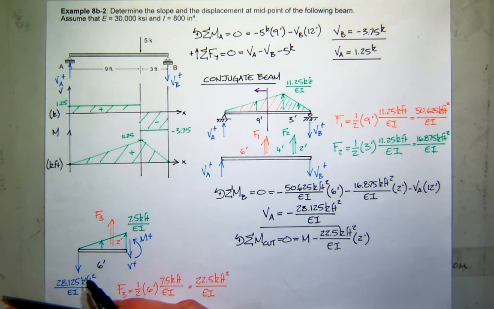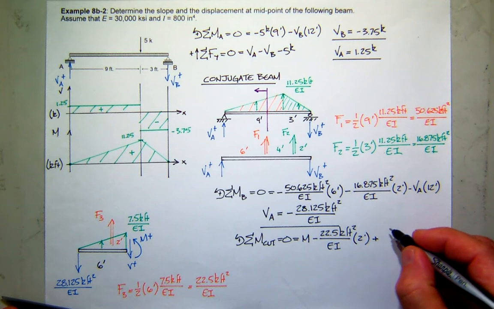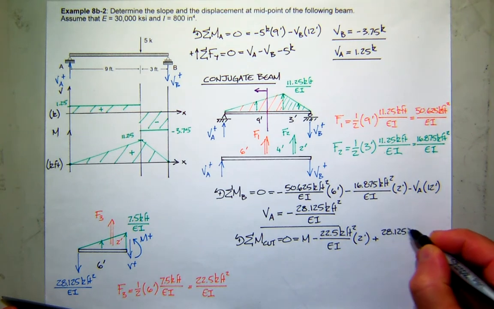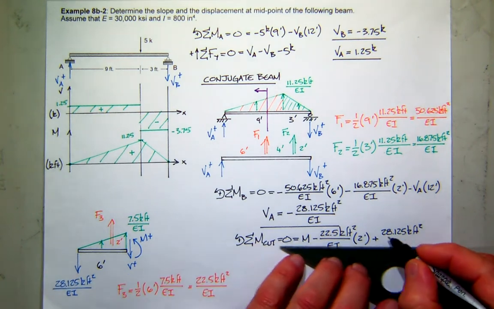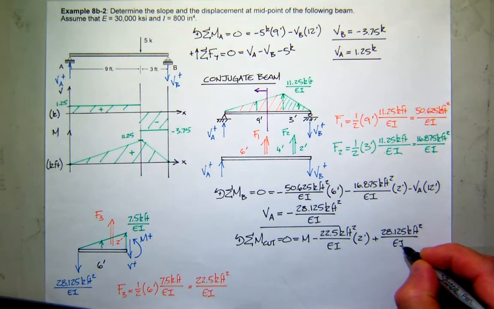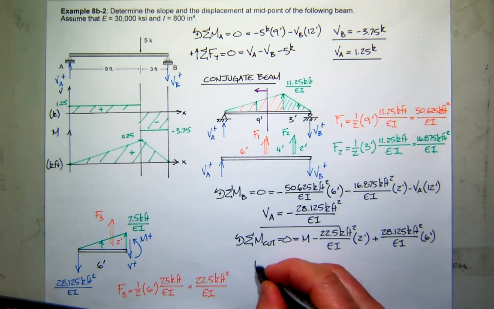And then I've got the reaction force way down here in the bottom corner. That's going to create positive moment. And that one is 28.125 kip feet squared. And that distance is what? 6. So what is the moment?